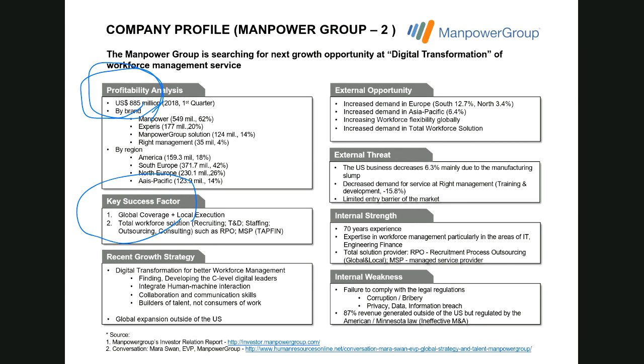For example, Manpower has a global coverage and they have almost all the necessary workforce management services, because that's really big. And they are good at local execution in Asia, in Europe, in the US. That's their key success factor. Another one is the total workforce solutions.